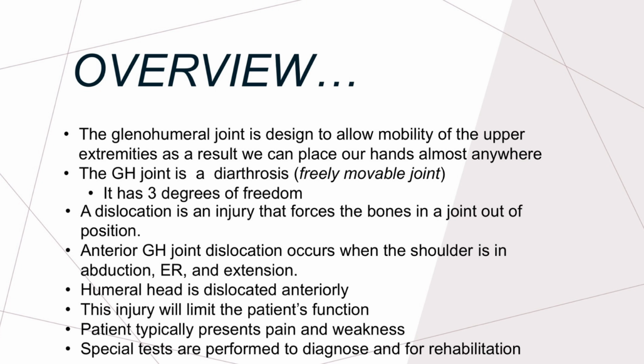It occurs when the shoulder is in abduction, external rotation, and extension, meaning that the humeral head is dislocated anteriorly, and the injury will limit the patient's functions and regular activities, and typically they present pain and weakness, and we need to perform some special tests so we can progress to diagnosis and rehabilitation.